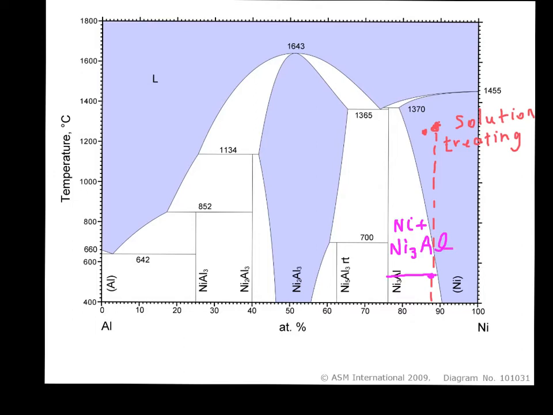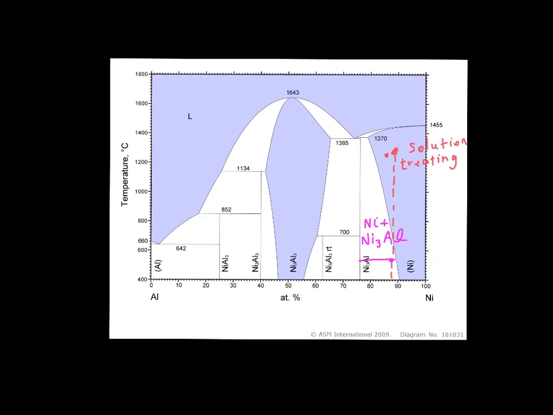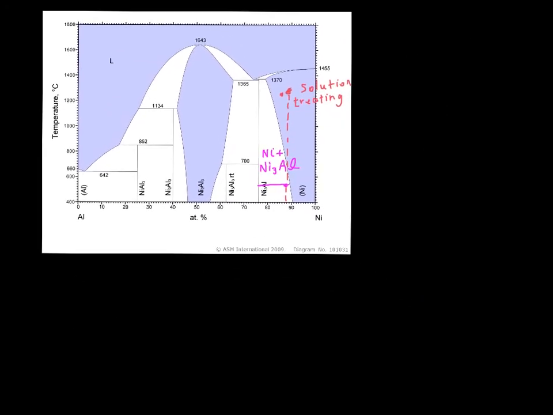And if you choose just the right conditions, you can do it such that you have very many precipitates, but which are very small, and this adds the maximum amount of strength.